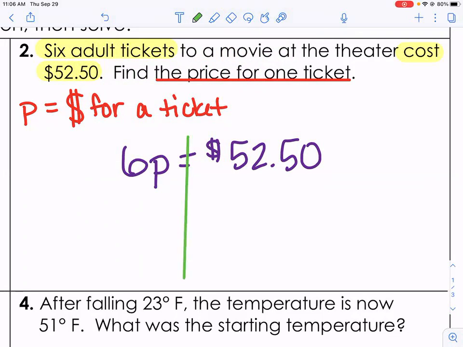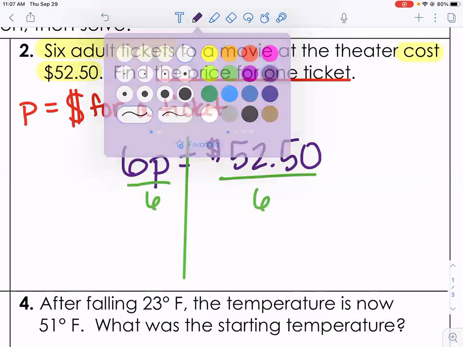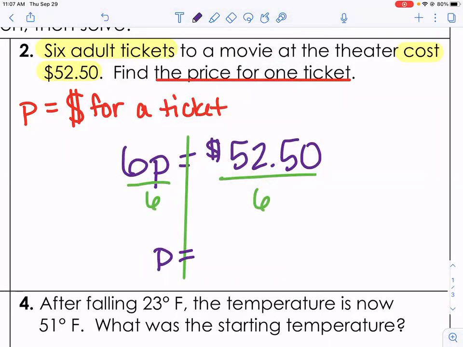Okay, Arisa, and so to solve for P, what do we need to do? Divide by 6. Okay. Corin has her calculator. What is the price for each ticket?